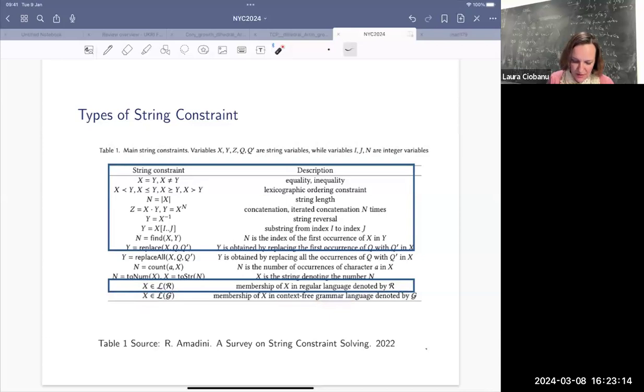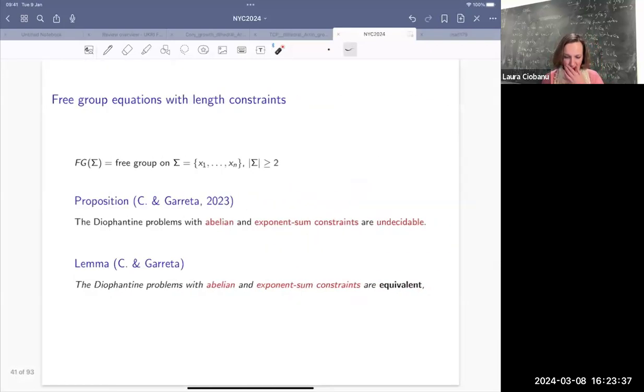Or you can ask all kinds of lexicographic constraints, length, and so on. So these are things that people really have looked at and are interested in. It's just a list, and we picked some of them, the most classical and also algebraic of all these constraints.